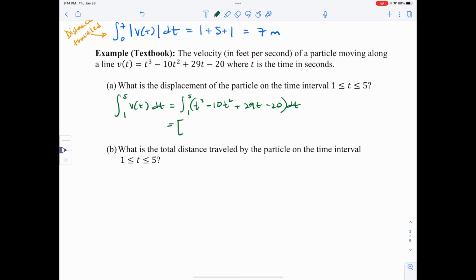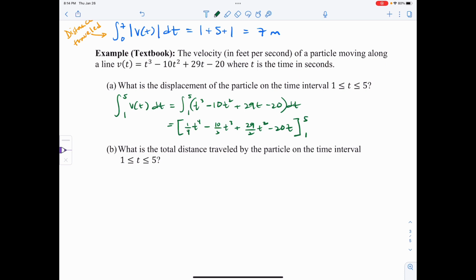I should have left more space for that. That's okay. Okay, so from 1 to 5, and then applying the fundamental theorem of calculus. Because I'm running out of space, maybe I will just use my calculator here.